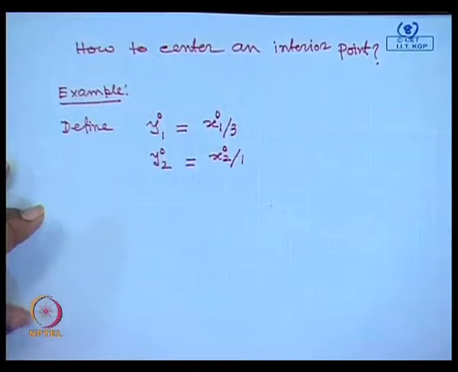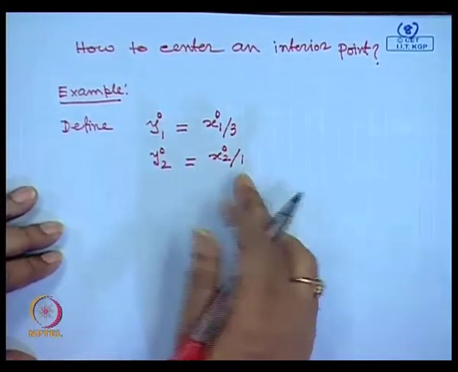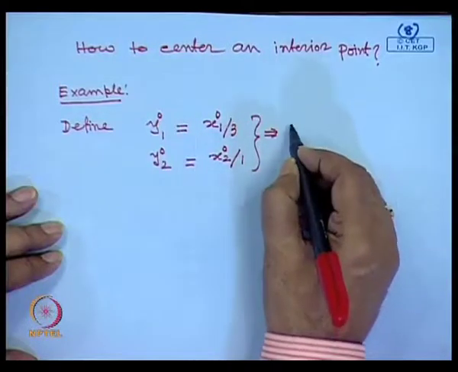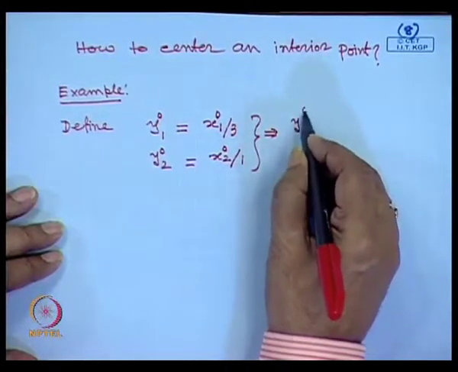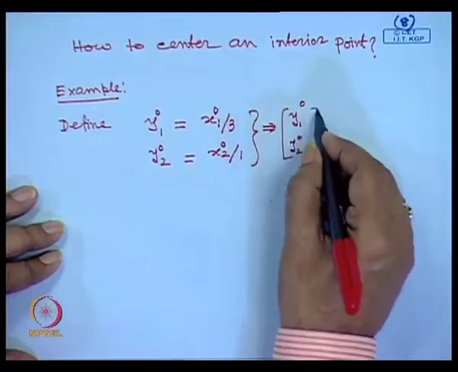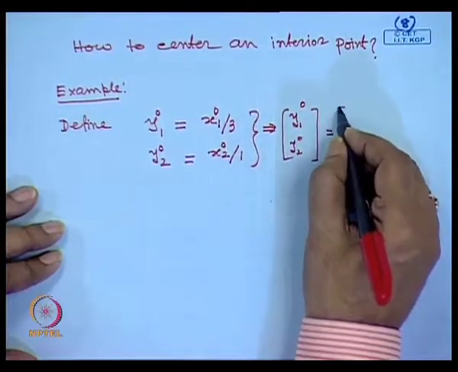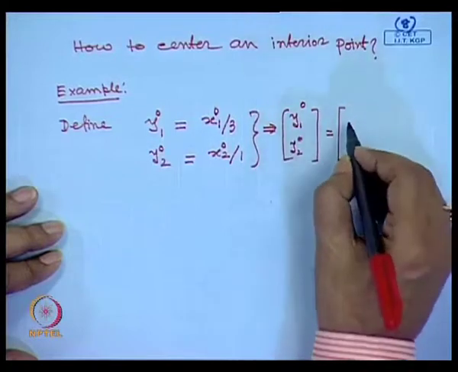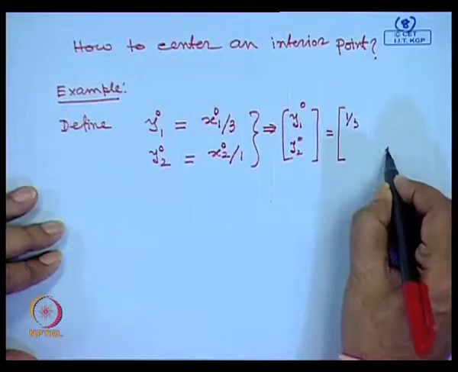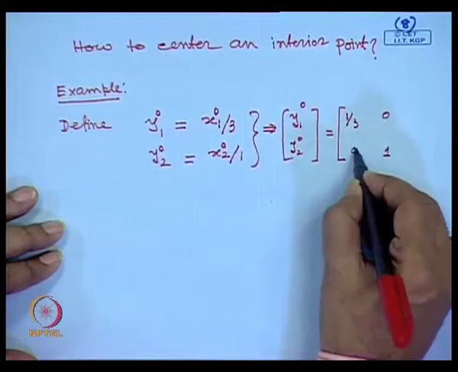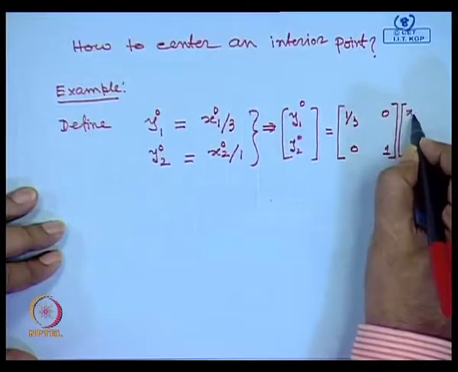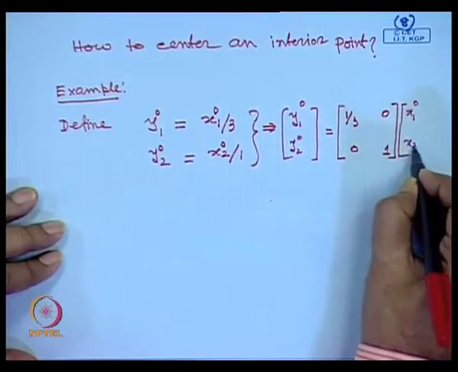So, it is an off center point. Equivalently we can write this in matrix form: y1(0), y2(0) equals the matrix 1/3, 0, 0, 1 multiplied by x1(0), x2(0).